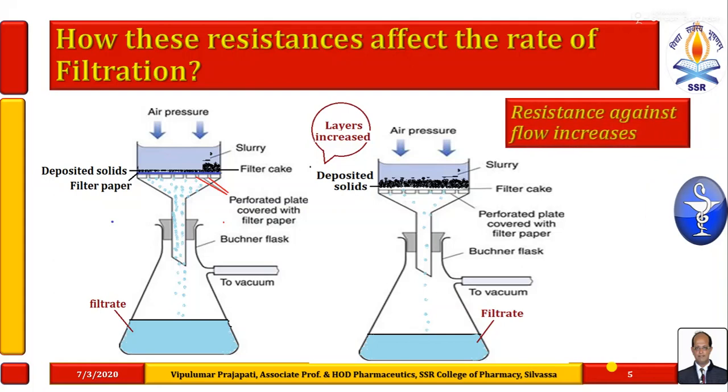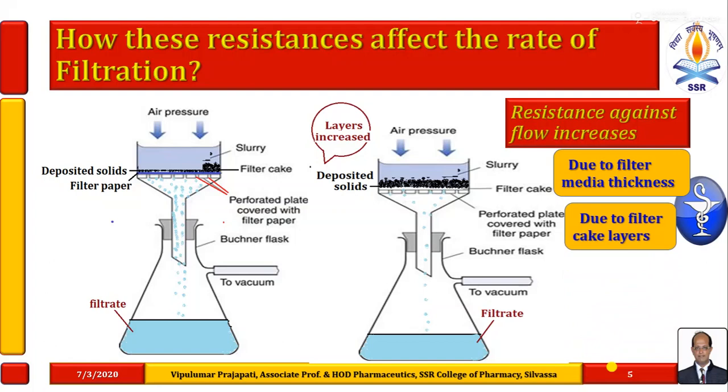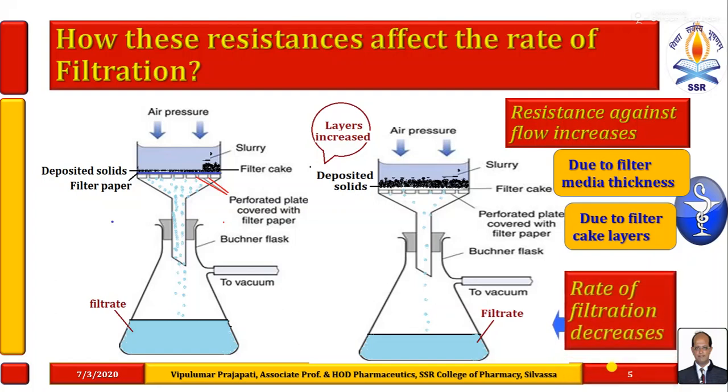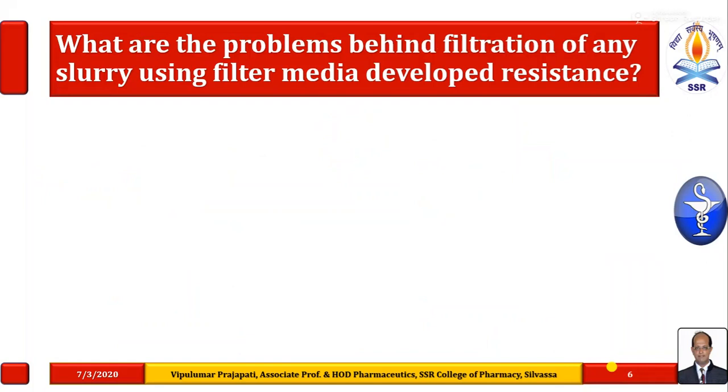So here resistance against flow increases due to filter media thickness resistance and due to filter cake layers thickness resistance, and hence the rate of filtration decreases.